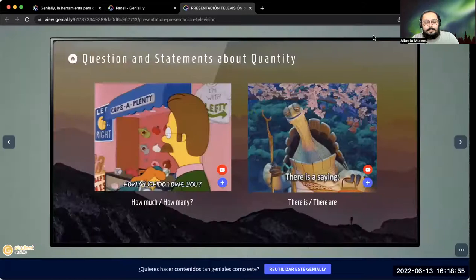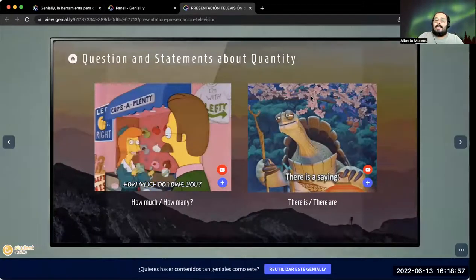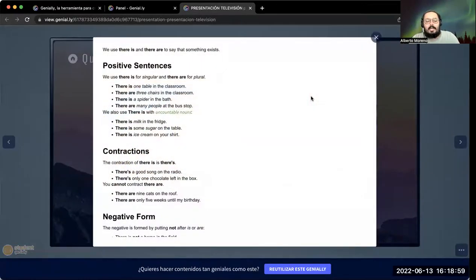¿Todo claro? Ok. Ahora, los statements about quantity. ¿Qué son? En español no existe la distinción. En inglés sí existe la distinción. Utilizamos there is y there are to say that something exists, para decir que algo existe. In positive sentences, we use there is for singular and there are for plural.